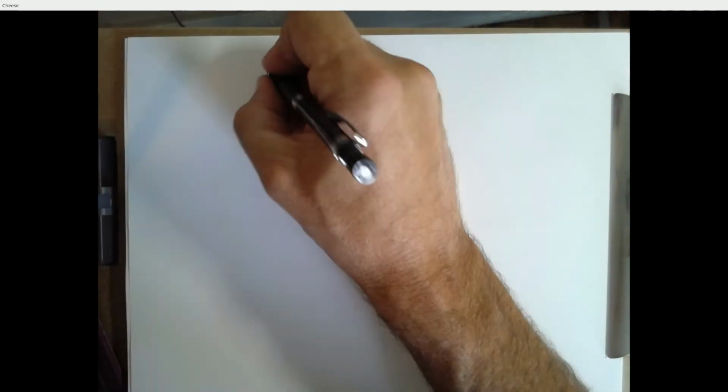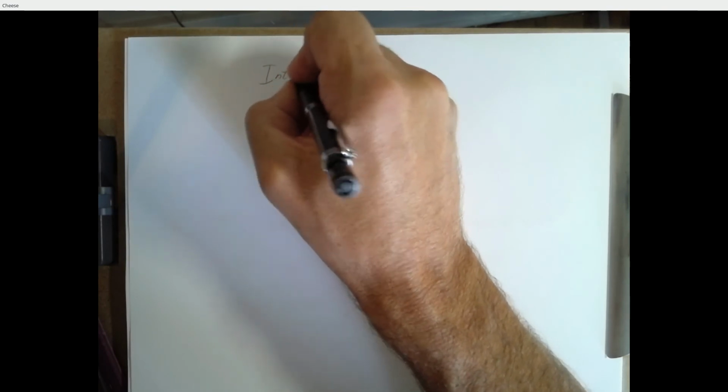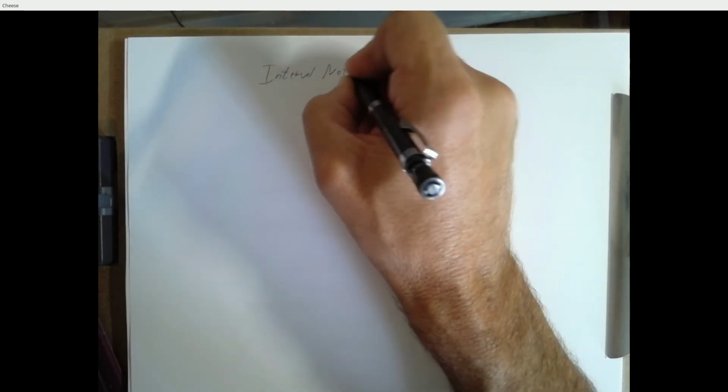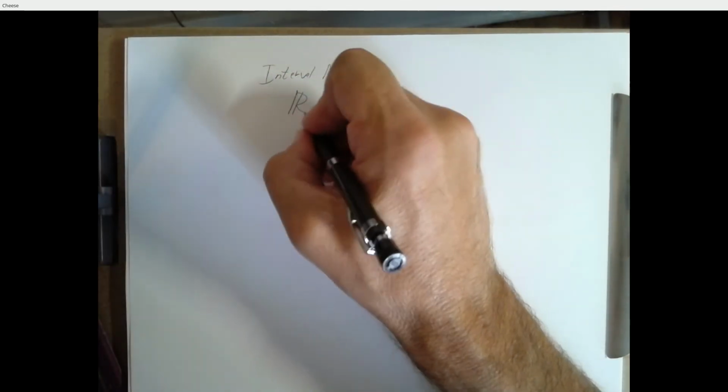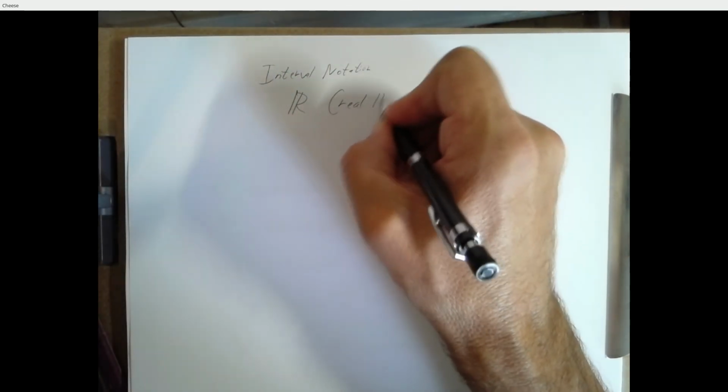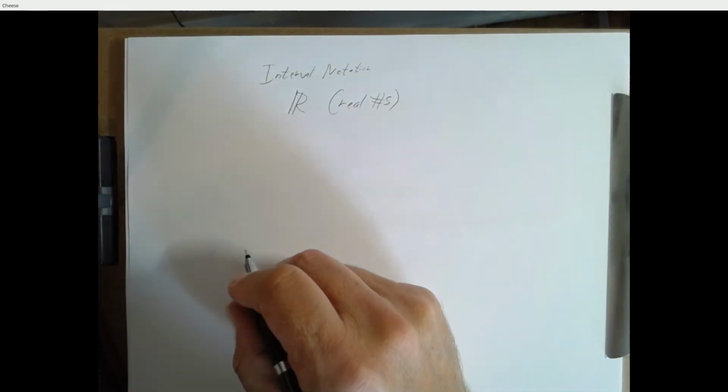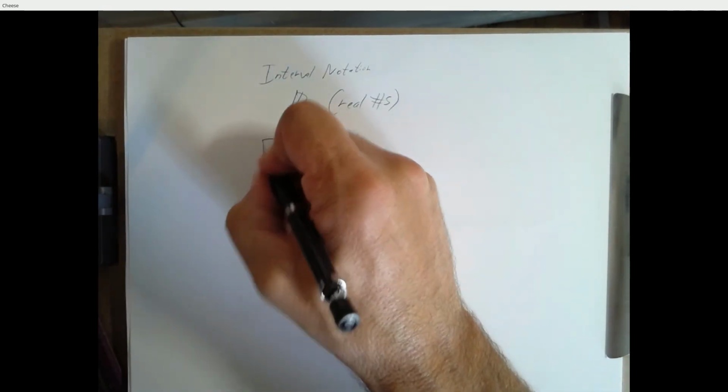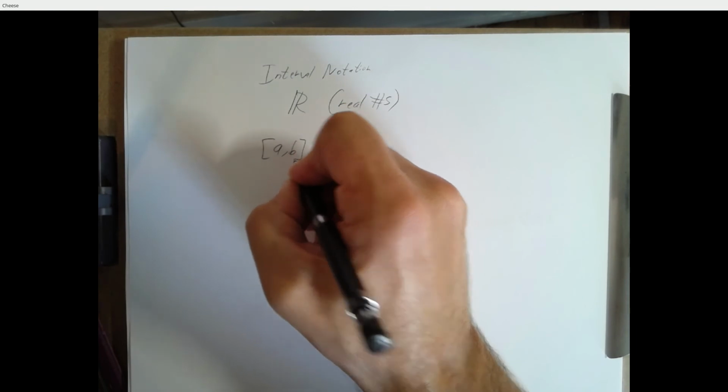So other ways to build sets, and this one you're probably familiar with. This is something called interval notation. And so let's think about real numbers. And here's a symbol you've probably seen before, bracket a comma b.